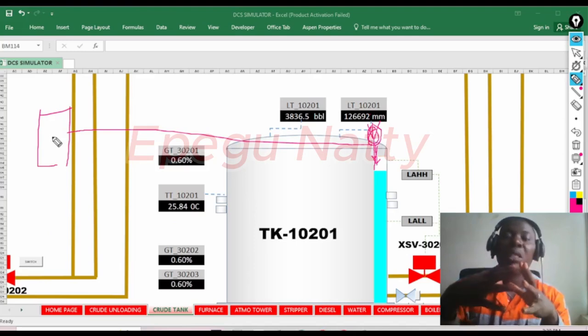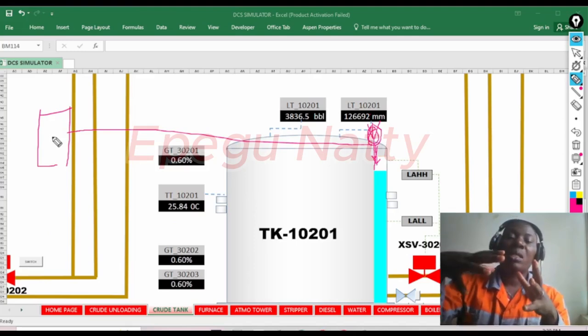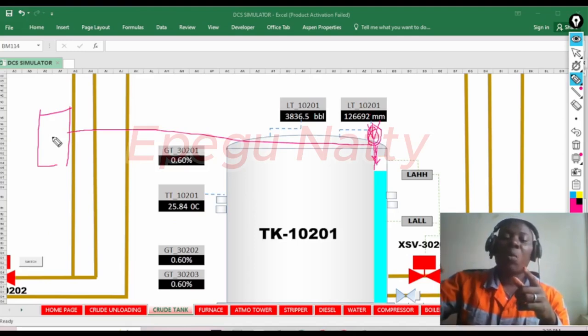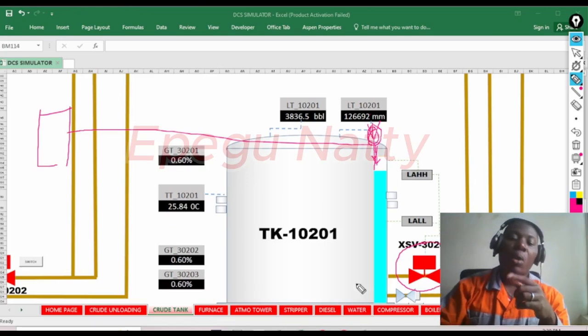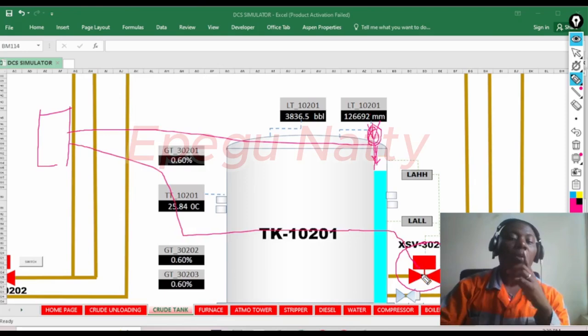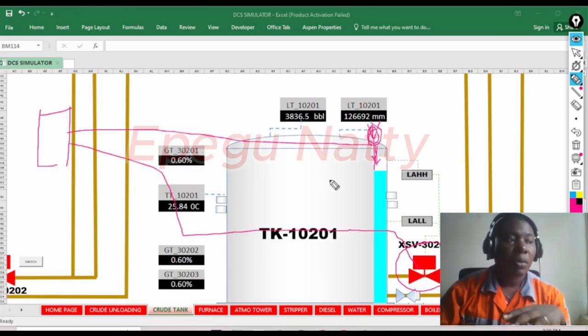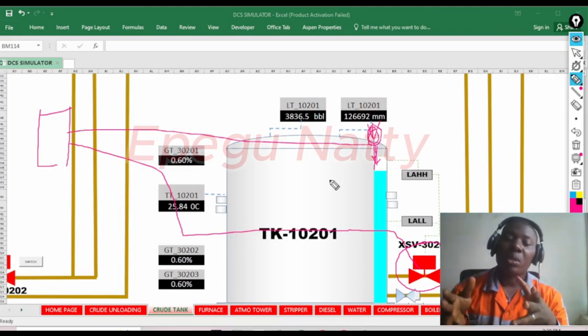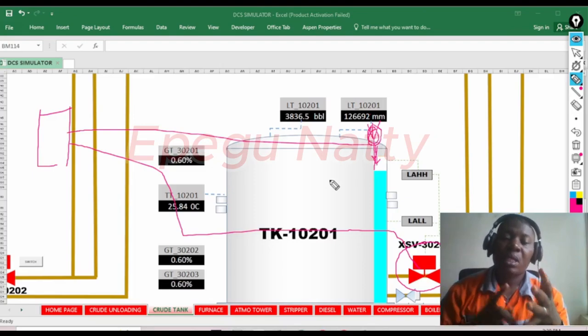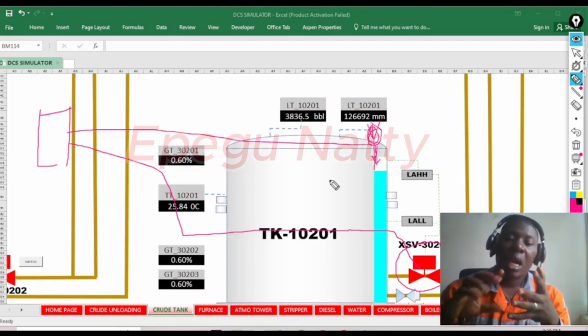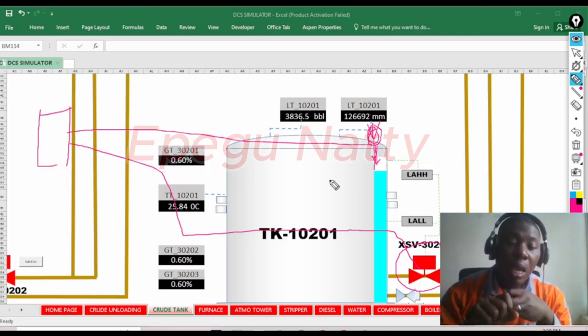It's programmed that when it gets to a particular level, it has to send a command down to the final element. The final element is our shutdown valve here. So it will come like this and send the signal to this guy. So I mentioned that we must have these 3 criteria for it to be a SIF: sensor, logic solver, and final control element.